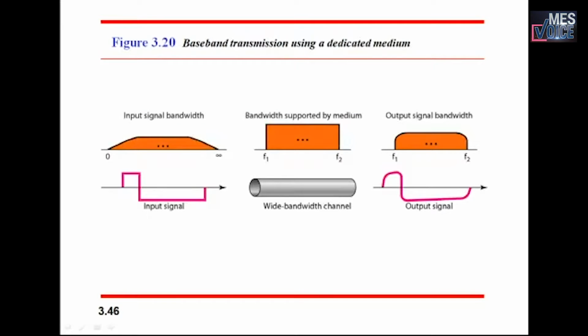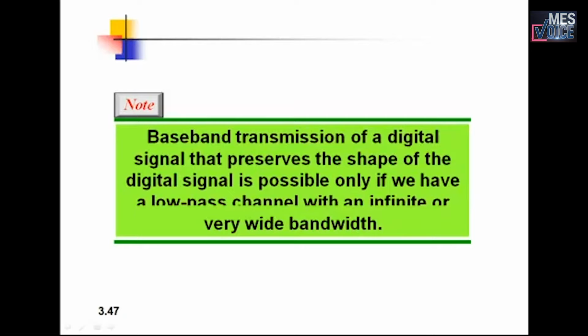The figure shows the original input signal, which is created in the input signal bandwidth, having components from 0 to infinity, and the wide bandwidth channel has to fit this digital signal into the bandwidth of the medium, which is f1 and f2. Therefore, at the destination we will have an approximation of the original input signal as shown in the third part of the figure. Baseband transmission of a digital signal preserves the shape of the digital signal, but we need to have an infinite or very wide bandwidth for that.